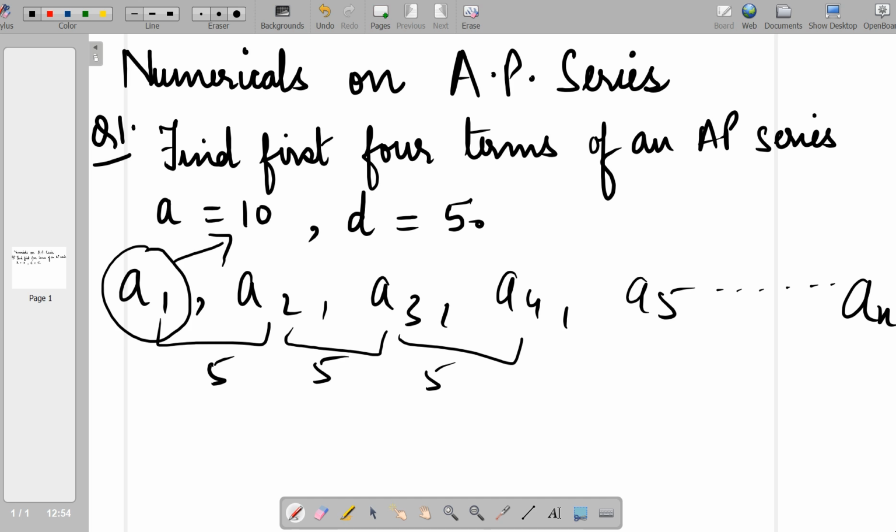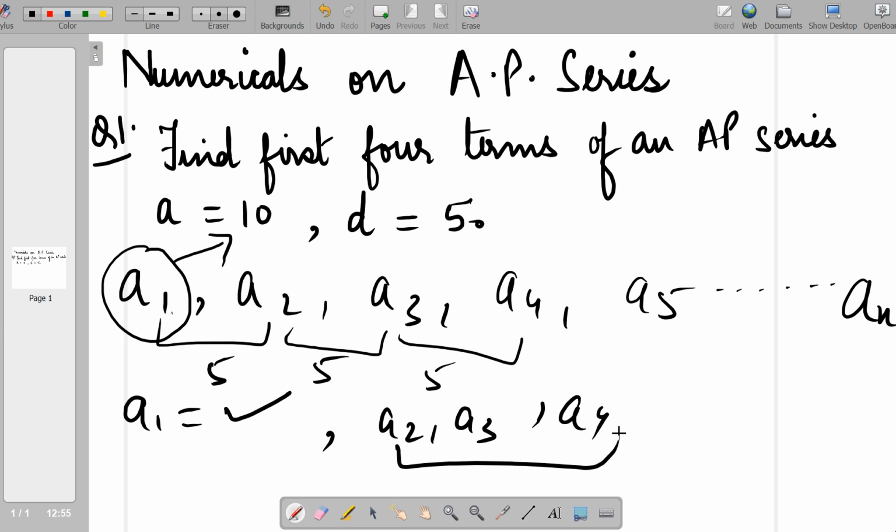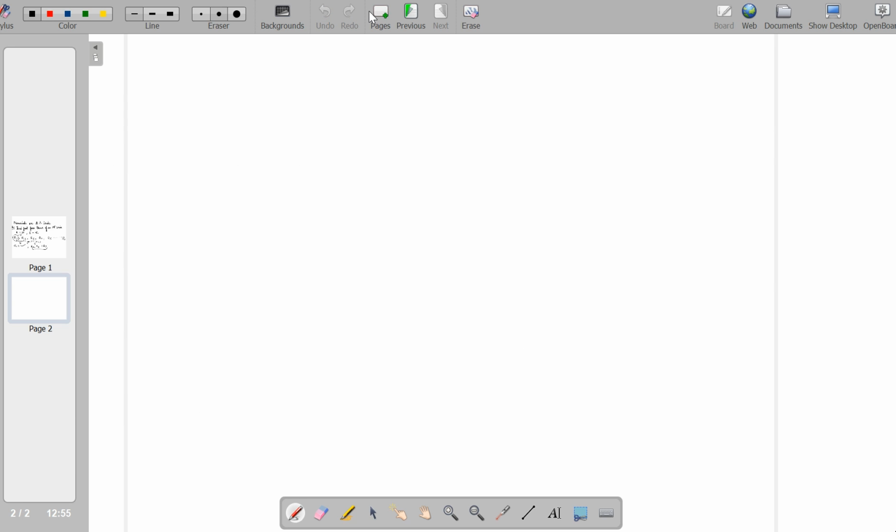This is 5, this is constant. So these two things they have given you. Now since the very first element of the series they have already given, that means A1 is given. What you have to find is A2, A3 and A4. These three values you need to find using these two. So how will you get those values?